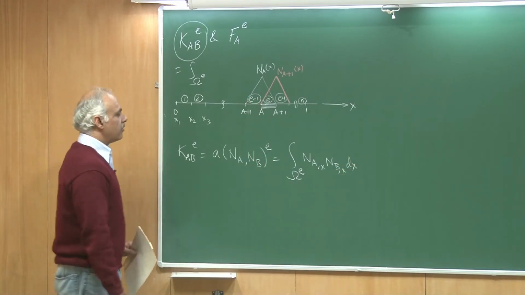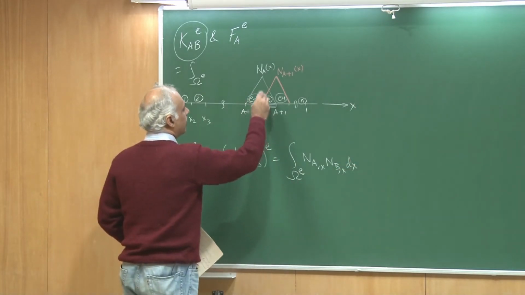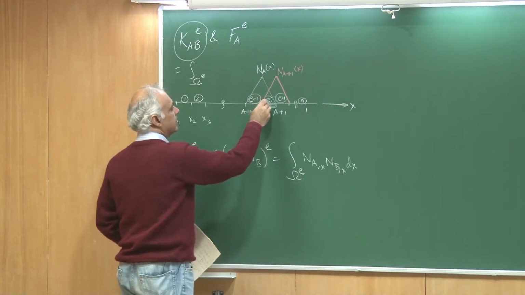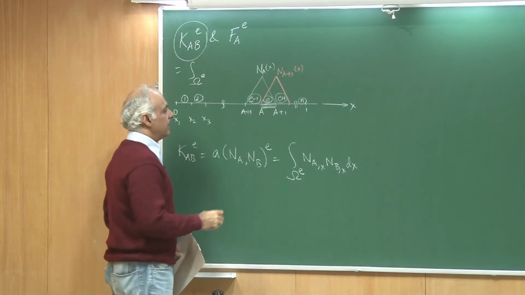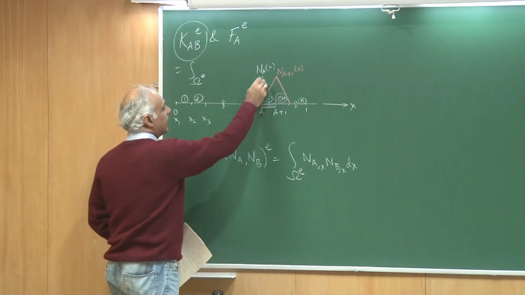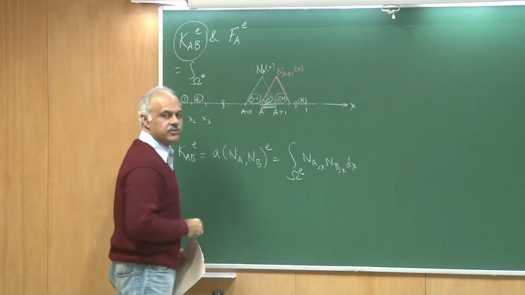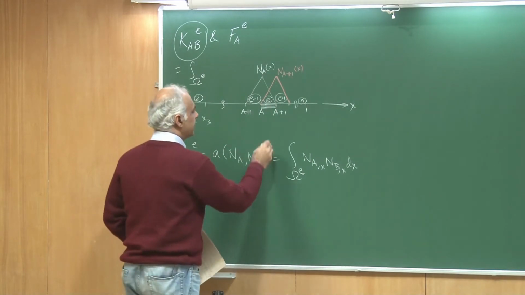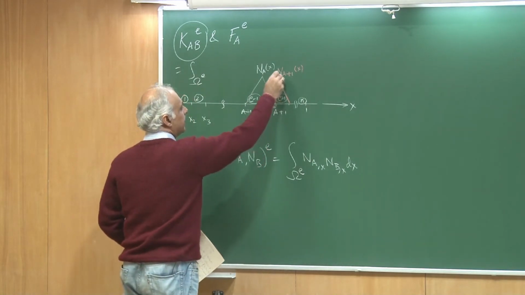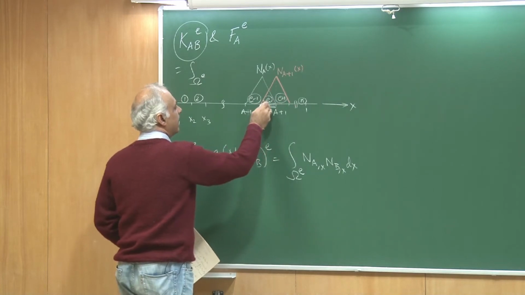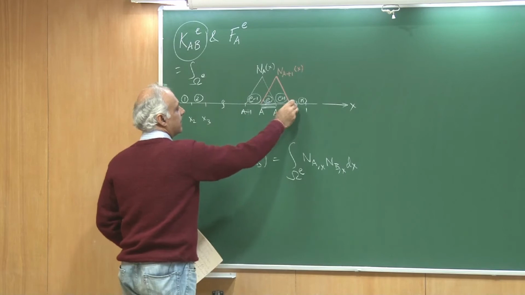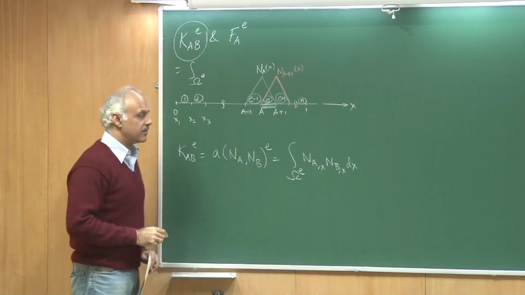Okay. Now, let us talk about N_A. N_A has a local support and the only non-zero values are this hat, it is 0 elsewhere. Similarly, if I look at N_{A+1}, it has this local support and all the values prior to A and after A plus 2 are 0.